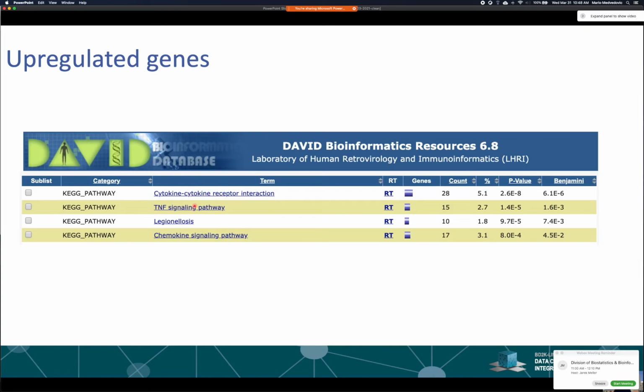Fairly expected. In the original article, inflammation was identified as the effect of this treatment, and we identified the same thing.